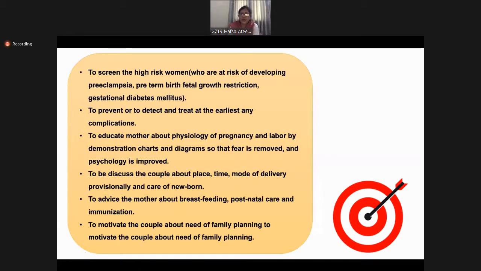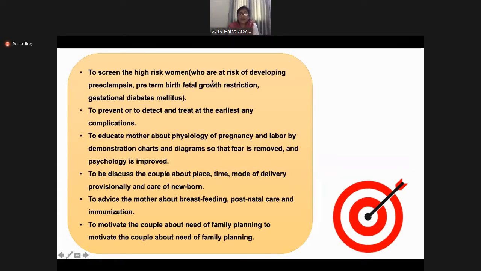So they should have some idea in mind where they are going to have themselves booked, where they are going to deliver, like in remote areas, in villages and in the suburbs of the city, where there are not big hospitals, then the patient may be asked to deliver at home even. But at that place, a skilled birth attendant, like a traditional birth attendant or a midwife or a lady health visitor, should be taking care of the patient. So they should know about the place and time and mode of delivery.